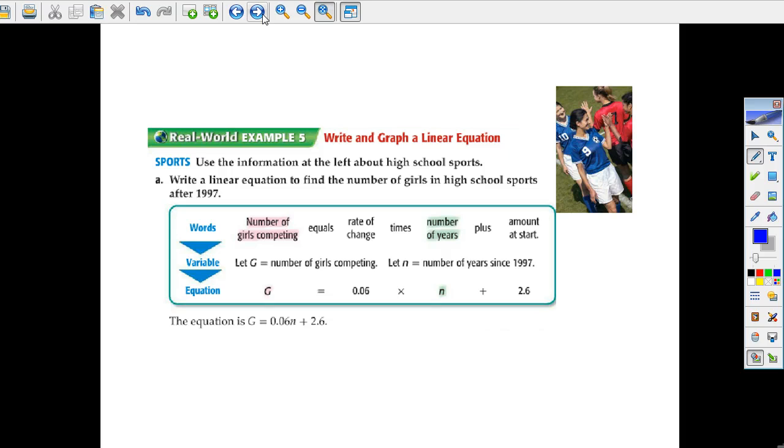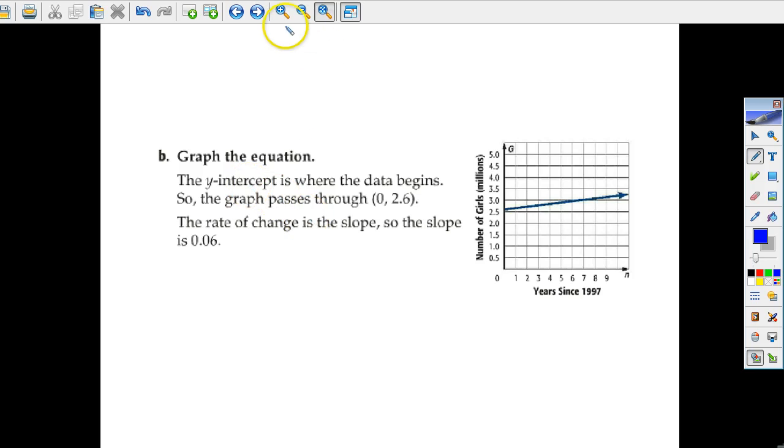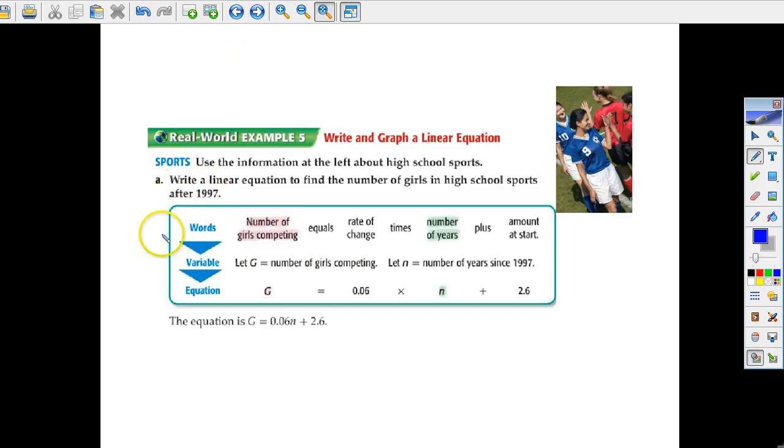Alright, welcome back. Here's real-world example 5. Write and graph a linear equation. Use the information at the left about high school sports. Write a linear equation to find the number of girls in high school sports after 1997.